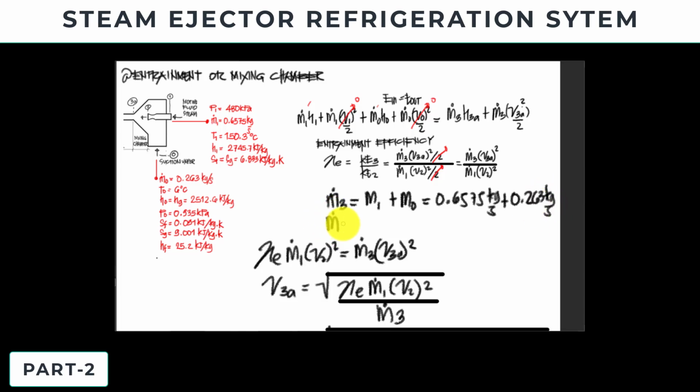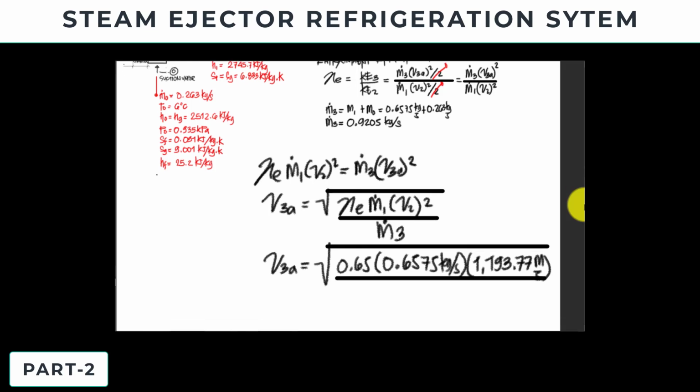So our mass flow rate 3 is equal to 0.9205 kilogram per second.